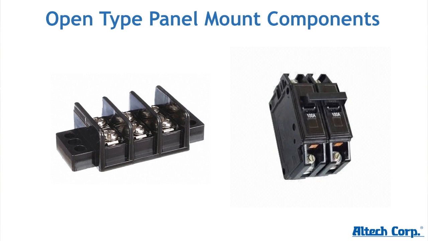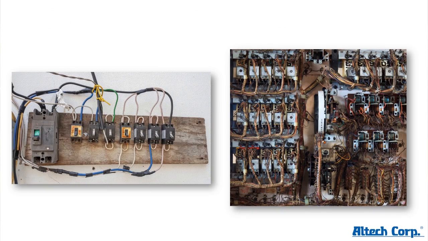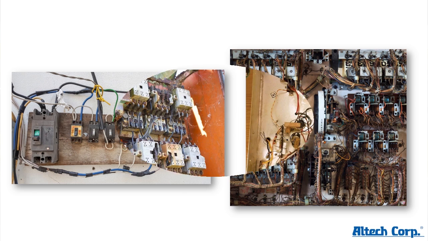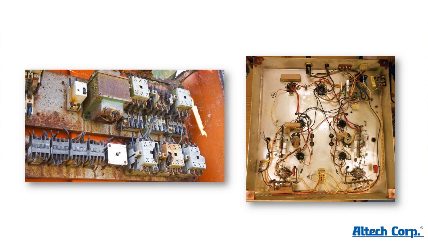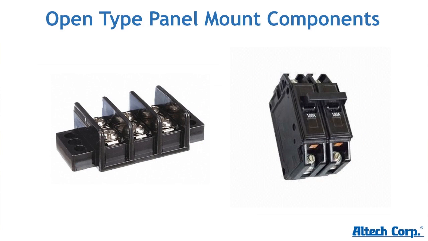These terminal blocks were mounted to the control panel by screwing the screws into the back of the panel, or even double-face tape. I used to see that too. But that had to be done for every single terminal block. So you would have 2 holes for every strip throughout the whole panel. That was a lot of drilling, and it was not a safe panel at all compared to, like I said, today's standards.